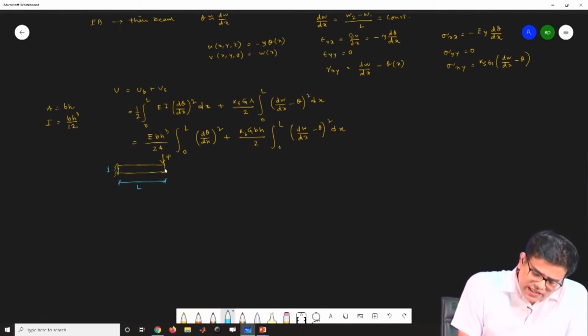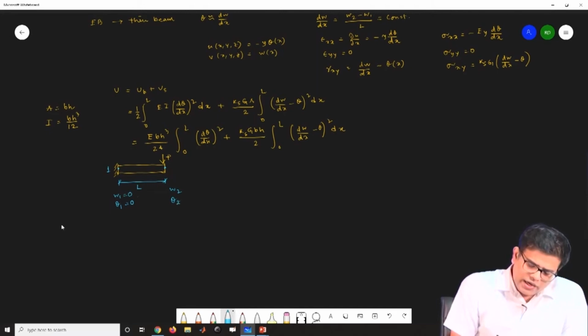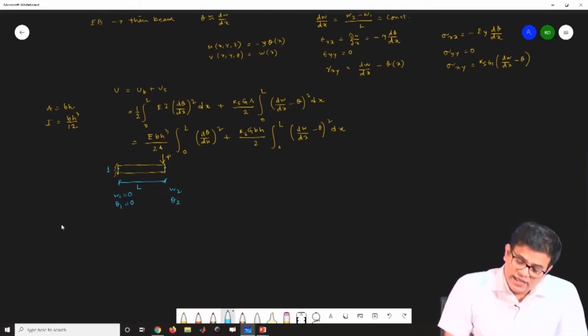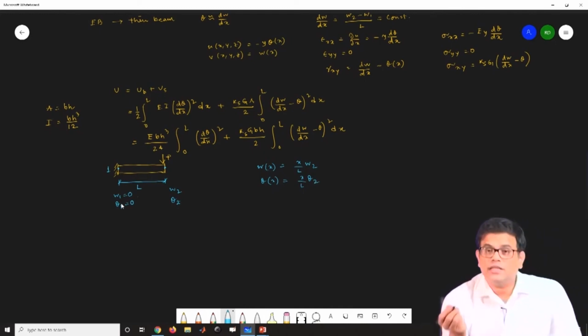Here W1 is 0 and theta 1 is also 0, but W2 and theta 2 are non-zero. So if I approximate with this, W(x) is x by L W2, and theta(x) is x by L theta 2, because W1 and theta 1 are 0.